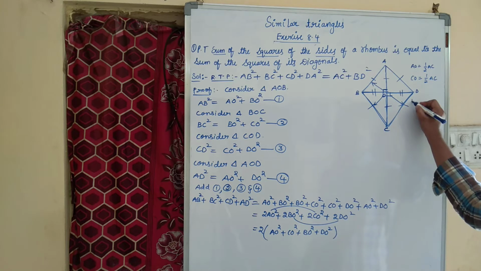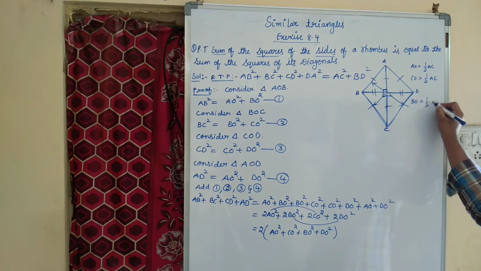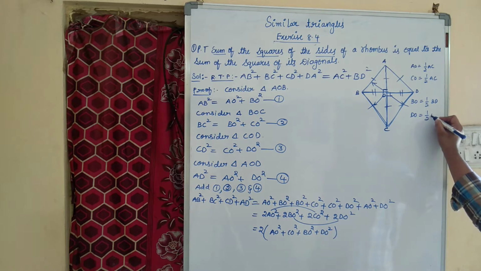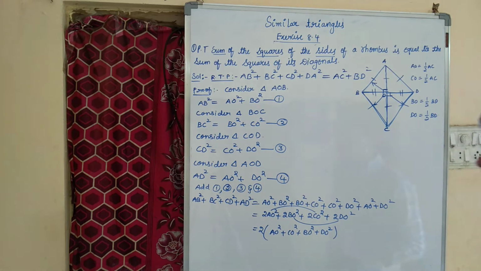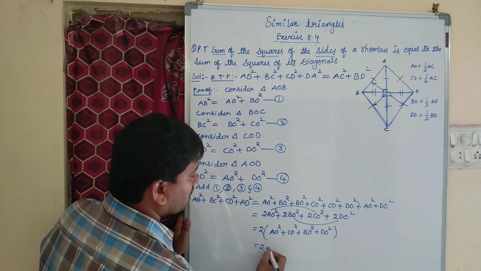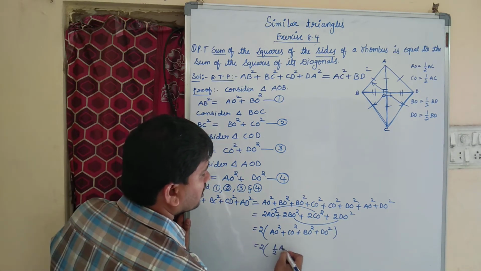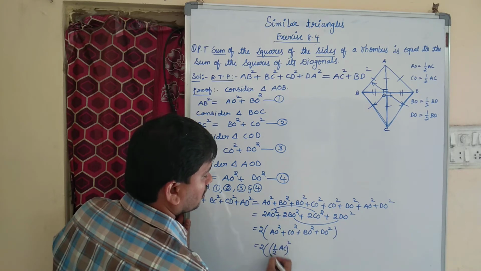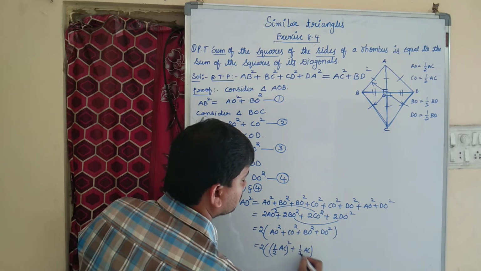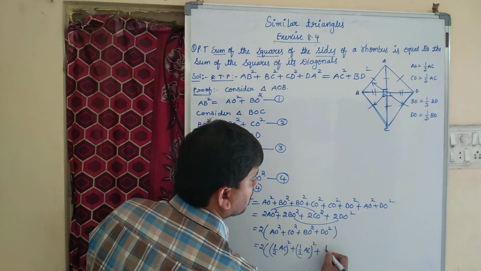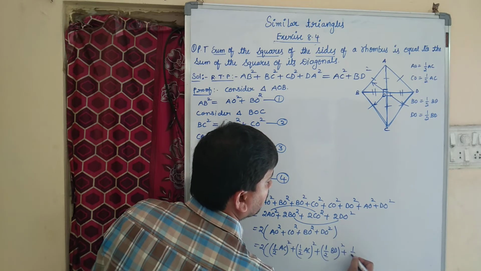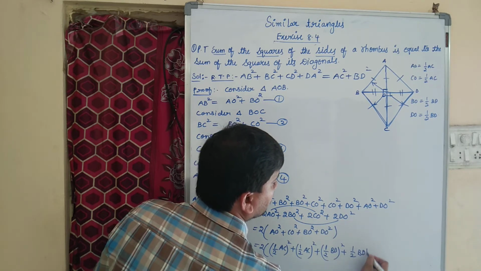Now BO is half of BD. Similarly, DO is half of BD. So in place of AO, I can write half of AC. In case of CO, also half of AC. In place of BO, half of BD. In case of DO, also half of BD.